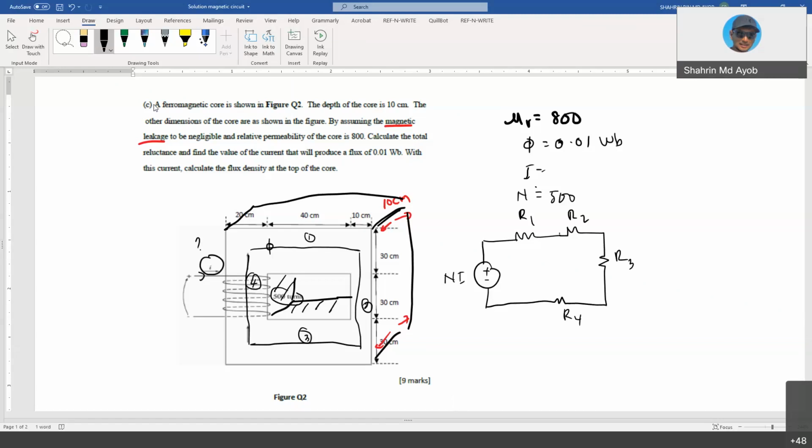Why? Because we know that R depends on the length over mu and cross section. The cross section is not equal for each segment. That's why we need to divide into 4 different resistor values.